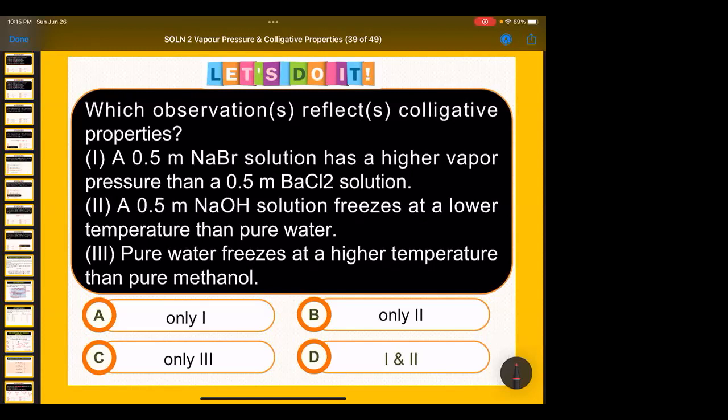Okay, yeah. So colligative property, suppose if you put a solute and there is some change in the property of the pure solvent. There's a change in the physical property of the pure solvent. That is a colligative property, which is due to solute particles.